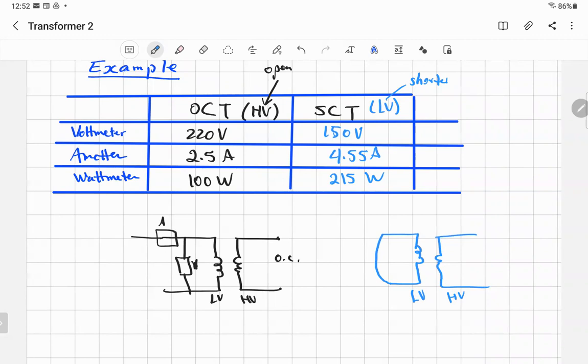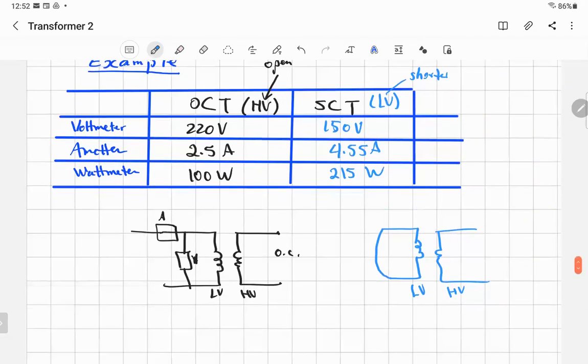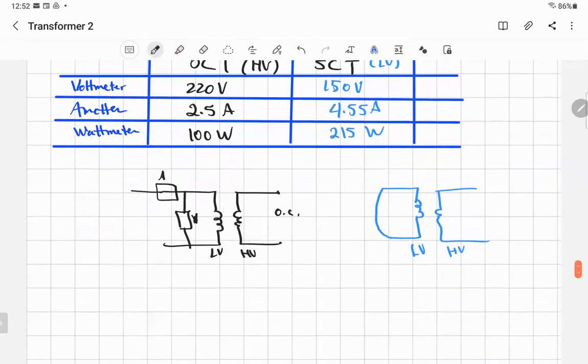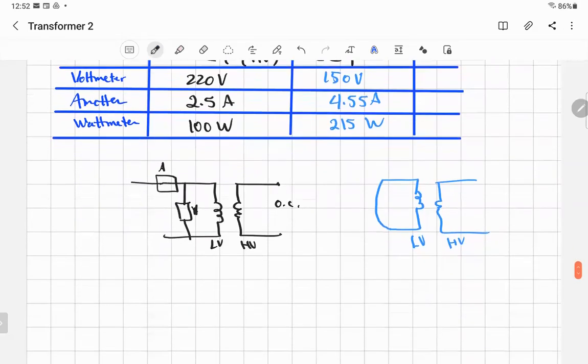Now before that, I'm supposed to tell you the information of the transformer the test is performed on. It's the data when you read the plate on the transformer.